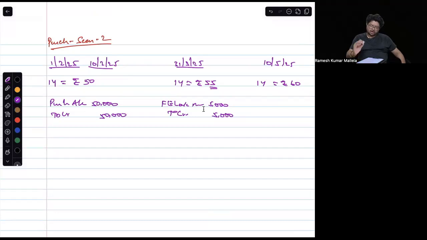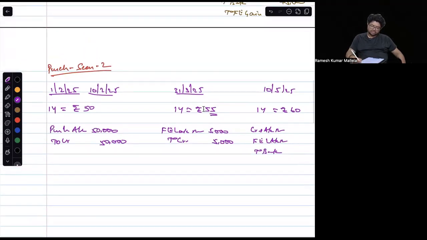Then on 10th of May, when you are making payment, creditor account debit, foreign exchange loss account debit to bank, you are going to write the remaining thing. So 55,000, 5,000 further loss, and 60,000 is your actual payout.